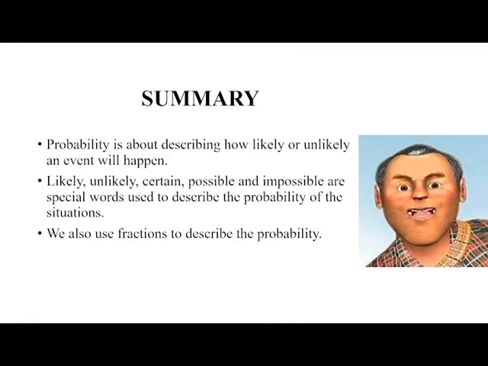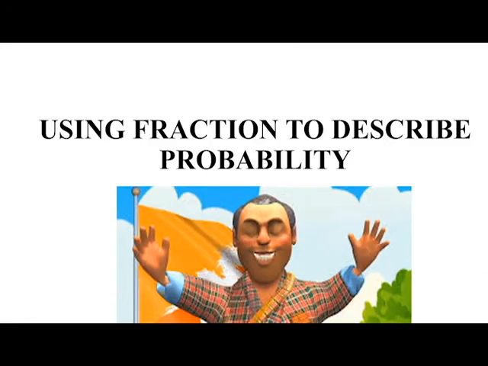We also use fractions to describe the probability. So what you have learned today is using fractions to describe probability. Now, you can look at some examples in your textbook and self-instruction materials and you'll learn more. For more details, you can contact your teacher.